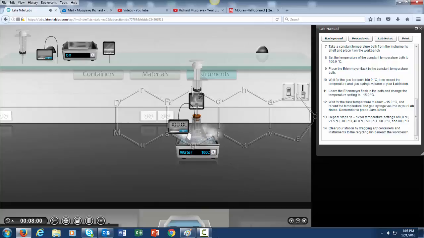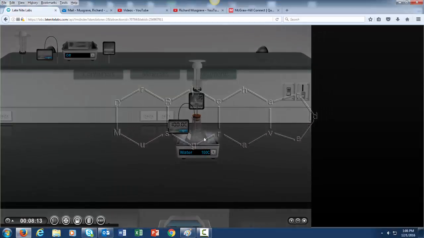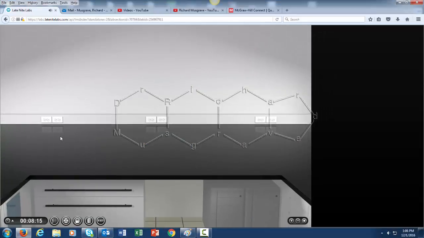So once you've got that, you can go back and you can start doing a little bit of the math. Now I've marked down these temperatures here and I've got the total volumes. So let's go back to the procedure now. So exit out of here. Sorry, go back to the lab report.